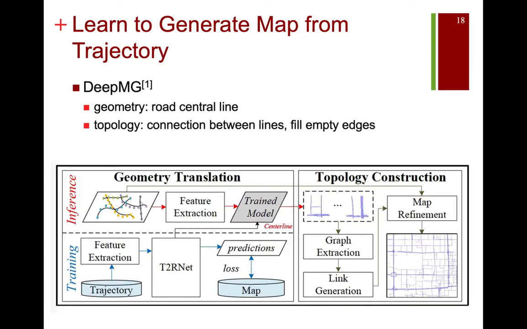This picture shows the general framework, and we're now here. The spatial and transition features are generated based on the trajectory data. Then these two tensors are concatenated together and fed into a deep learning model named T2RNet.